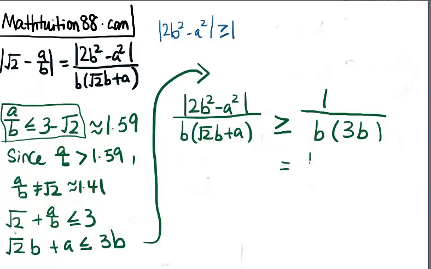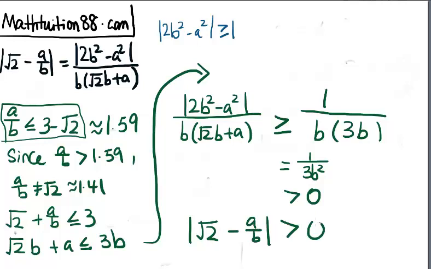This is 1 over 3b squared, which is greater than 0. Hence, the difference between root 2 and a over b is always strictly greater than 0.